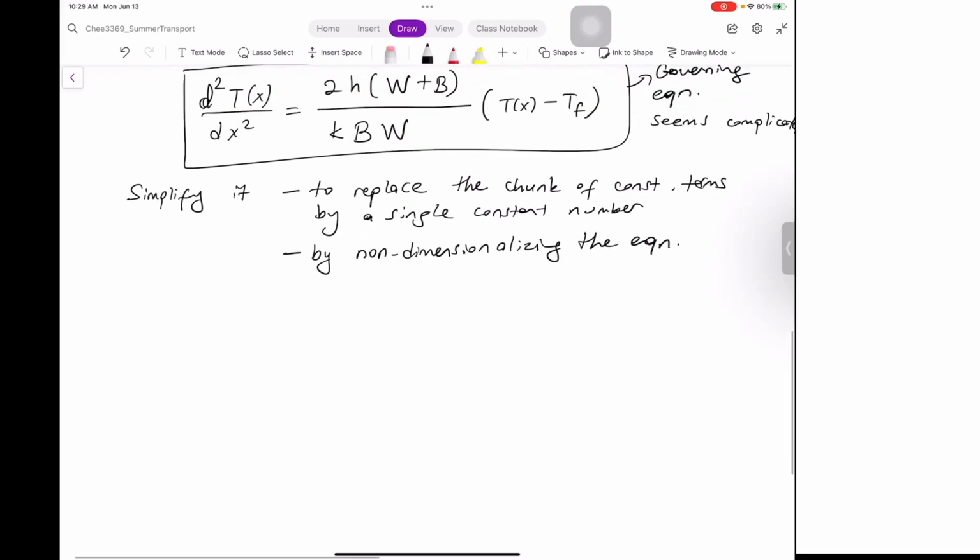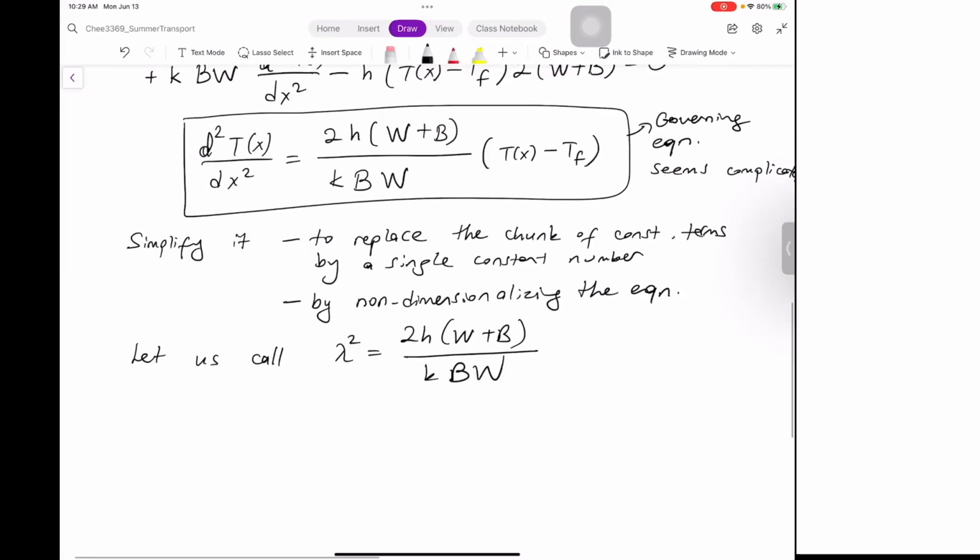First, let us call lambda square this 2h w plus b over k e w. So we did nothing but actually called this thing lambda square.